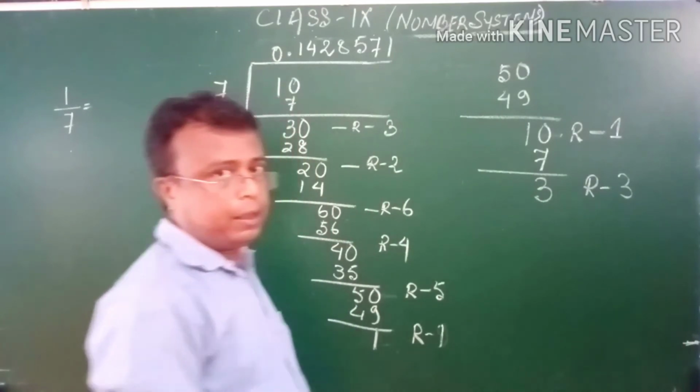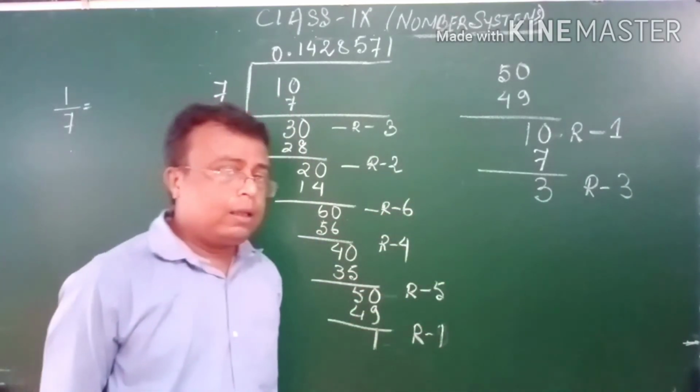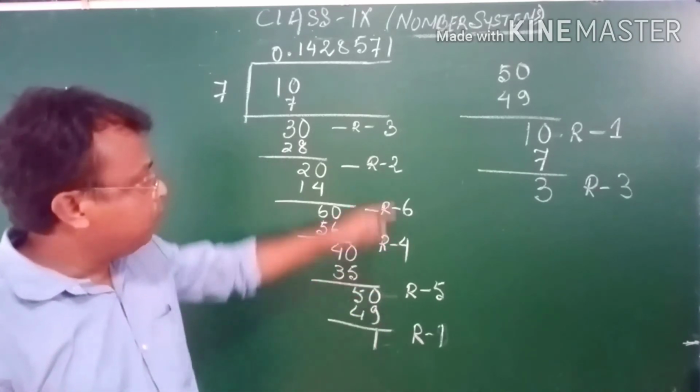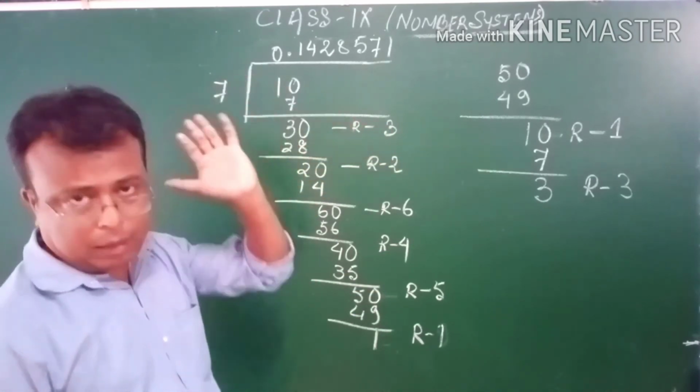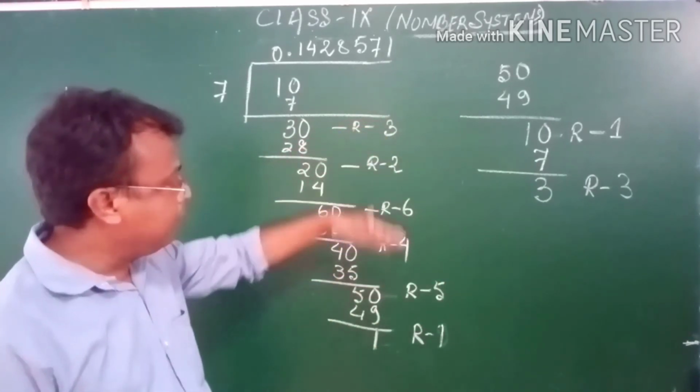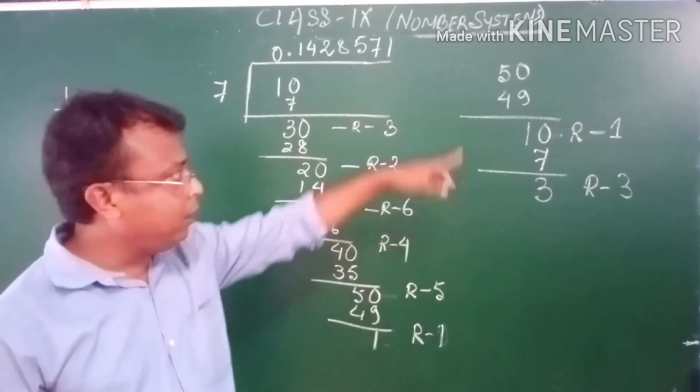Now you see the remainder starts repeating. In the first stage the remainders were 3, then 2, then 6, then 4, then 5, then 1.